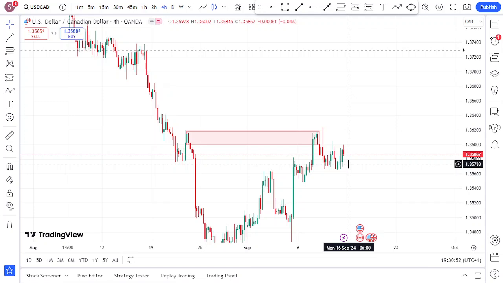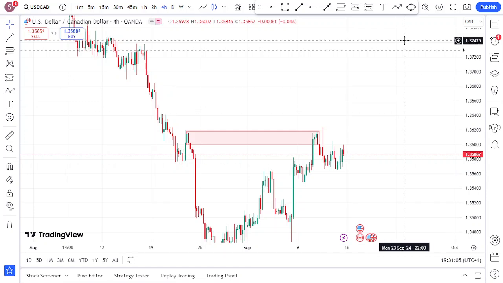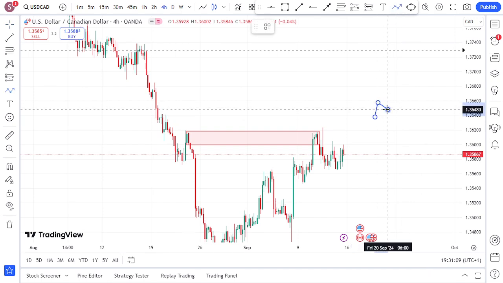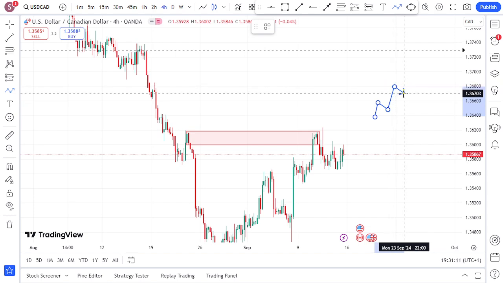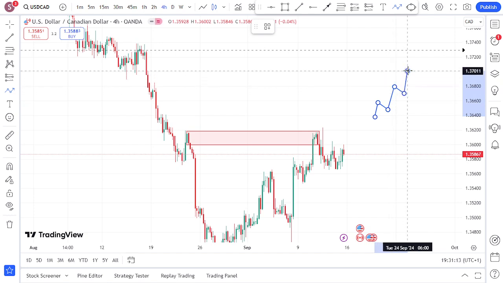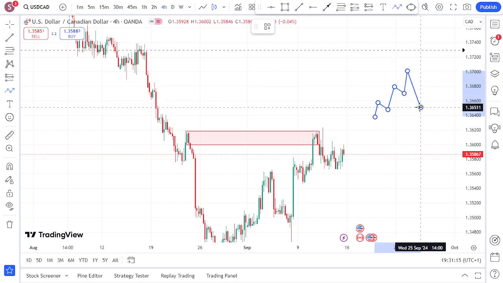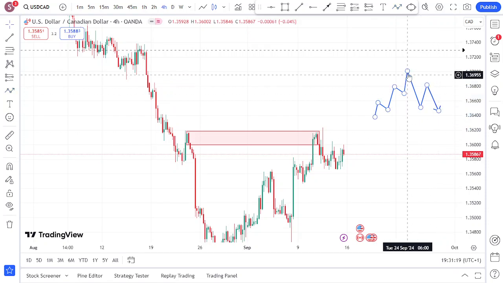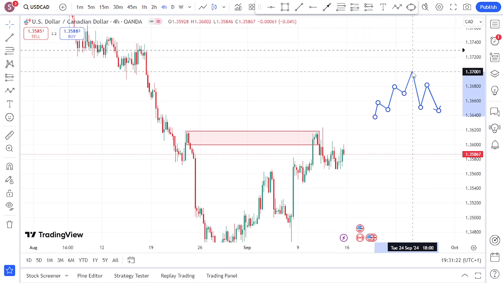But if you're a conservative trader, when the market reaches your zone, you want to see it align in the direction you want to trade towards. For example, right now we're in a downtrend. So what you would be willing to see in a smaller time frame is, as the market comes back into your supply zone, a change of character or a break of structure, and then you capitalize on the second move right here.